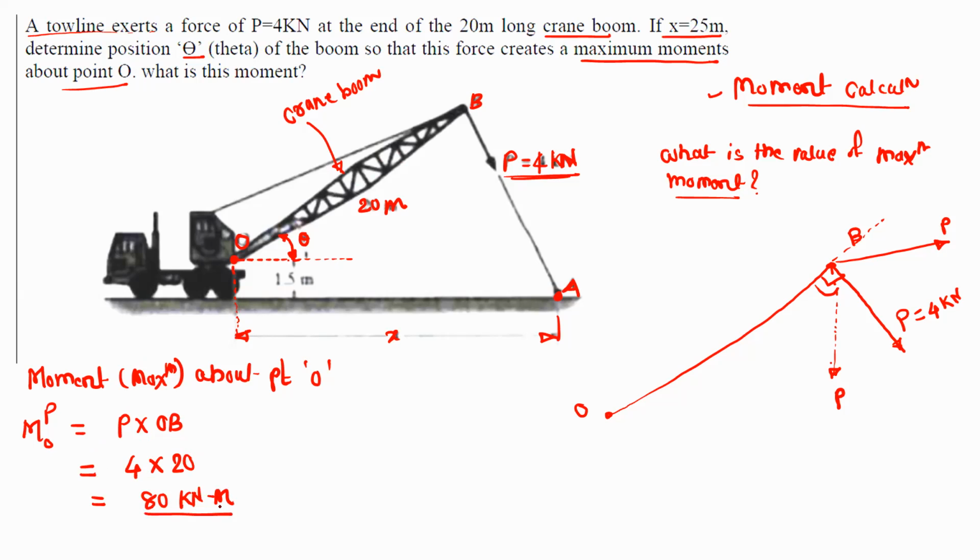So it is 80 kilonewton meter. And this moment is in the clockwise direction. So this force will try to rotate this crane boom in this direction, that is a clockwise direction. So we will write this as a minus, and just we will represent the magnitude as 80 kilonewton meter, and this direction is in the clockwise direction.